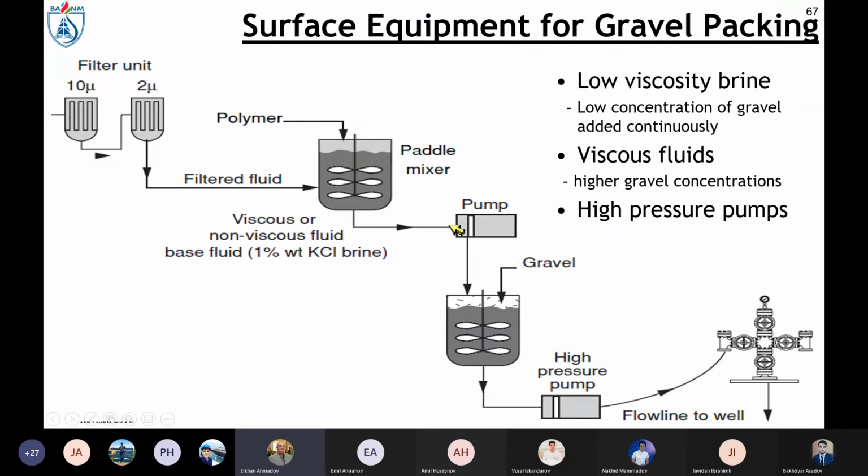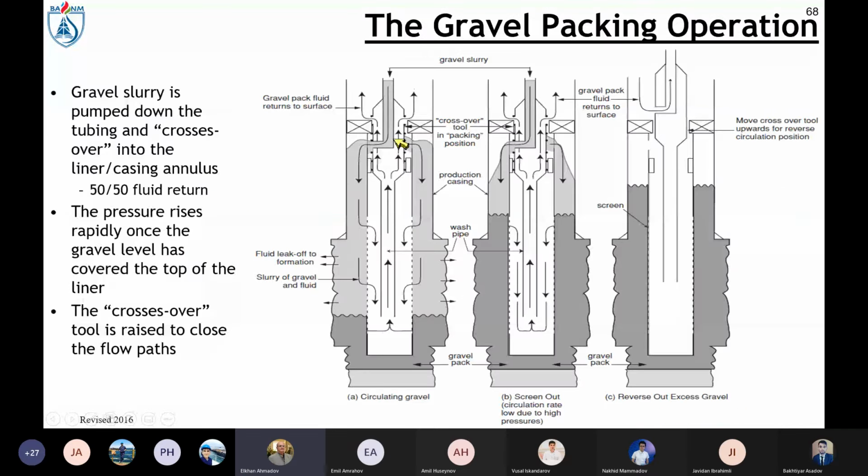Then it is pumped into the gravel paddle, and this gravel is mixed with this fluid and goes through this high pressure pump, and the high pressure pump injects this slurry of the fluid and the gravel into the wellbore, and it goes through the tubing, through this crossover, filling up the annulus between the screen and the formation.